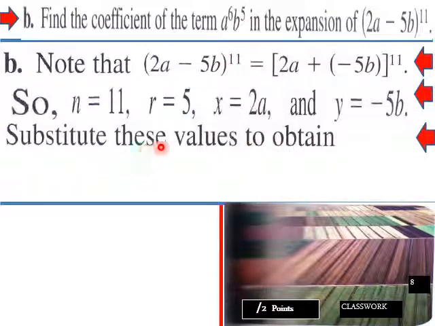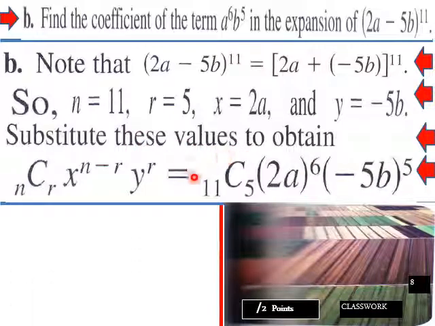Okay, so knowing that, substitute these values to obtain, here's our formula, nCr x to the n minus r, y to the r, and then we plug in our values here, 11C5, and then 2a to the 6, n minus r, and then negative 5b would be our y here, negative 5b to the 5th.